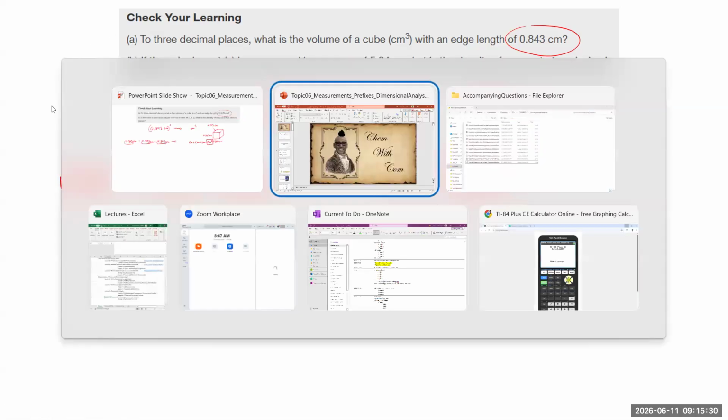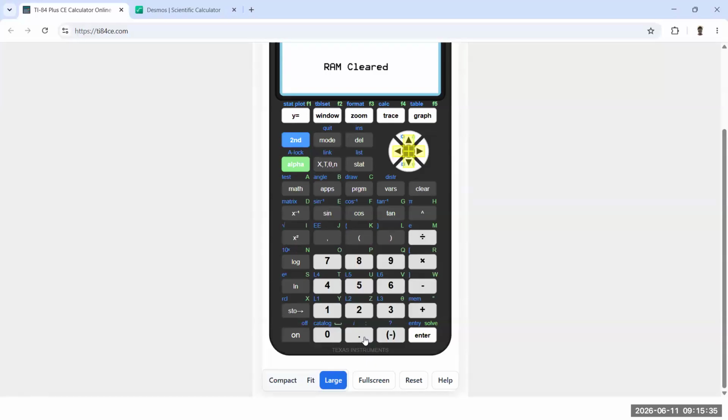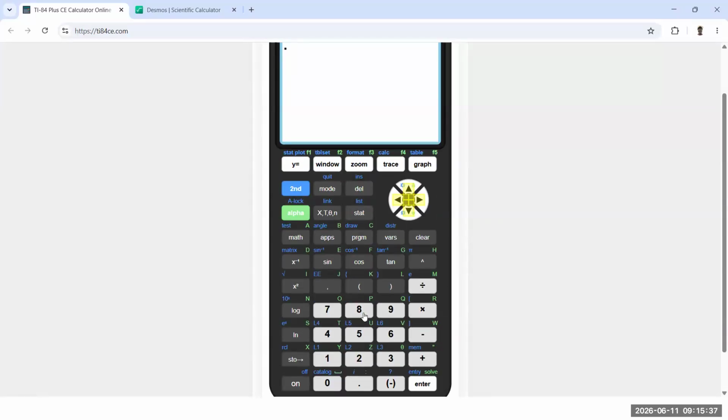So I'm going to hop over to an online calculator. Hopefully you can see this. It's going to be 0.843 times 0.843 times 0.843. Enter.